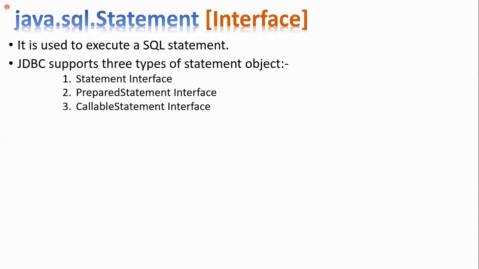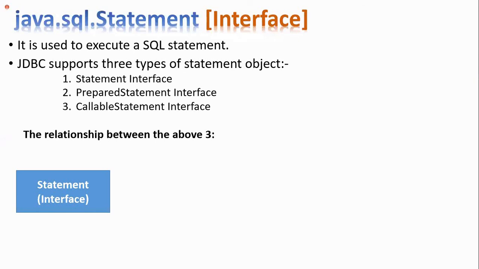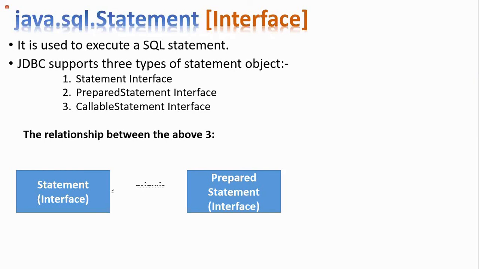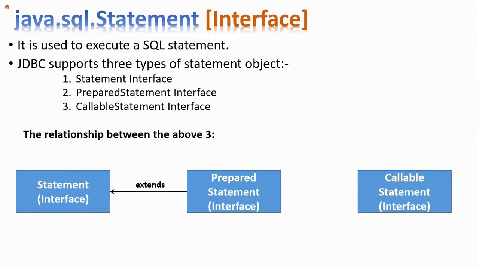So now, how are they actually organized? The relationship between them would look something like this. The main one would be the Statement interface, which will be extended by PreparedStatement. There will be one more interface called CallableStatement, which is extending from PreparedStatement.